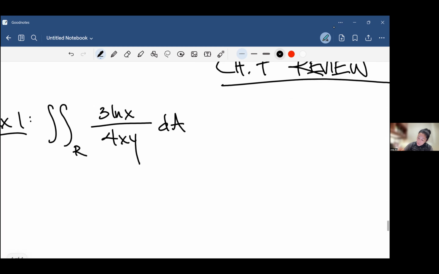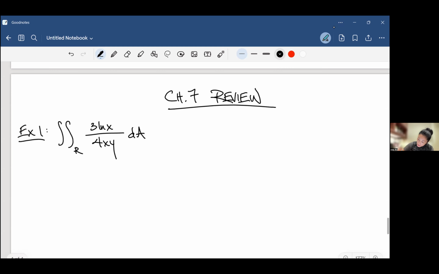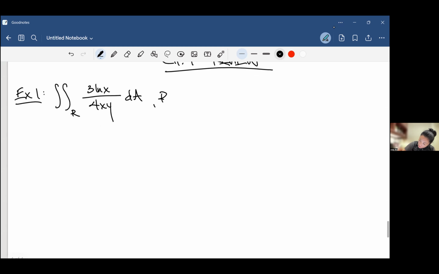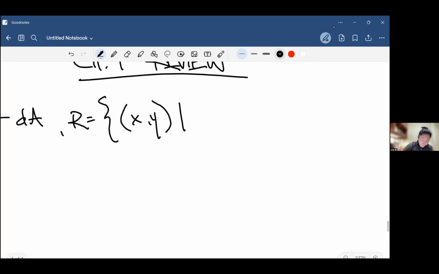Now my region of integration is an x and a y such that x is between 1 and e, and y is between 1 and e squared. So 1 is less than or equal to y is less than or equal to e squared.